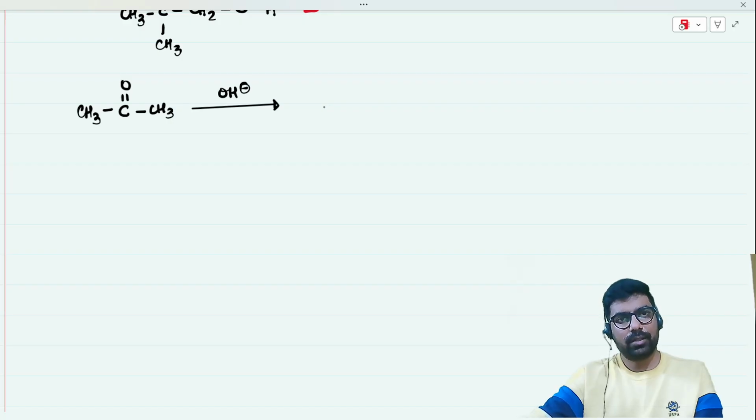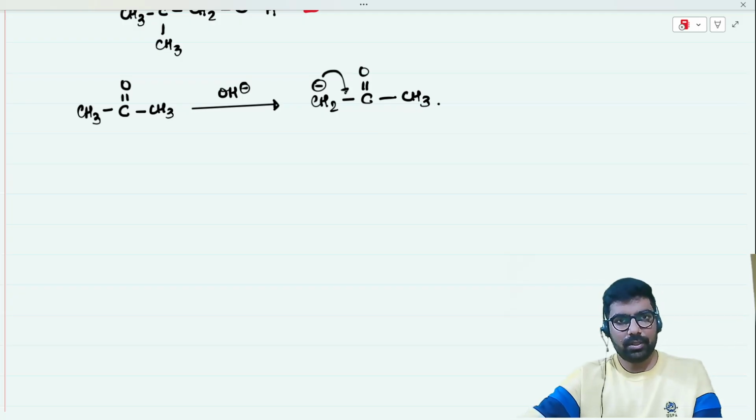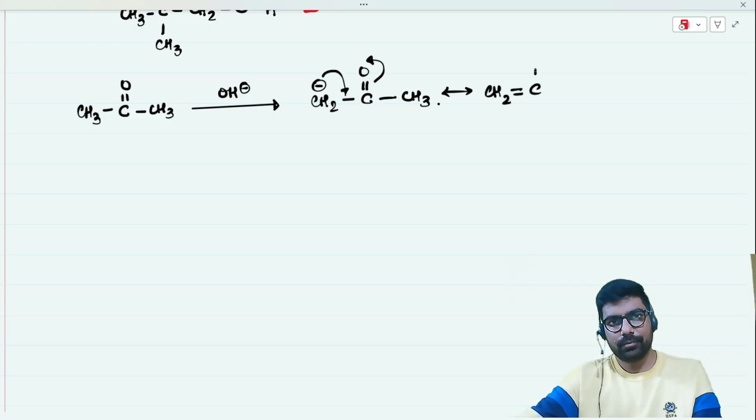It will eliminate one of the alpha hydrogens. Again, resonance stabilization will take place, and then we'll have something like this.